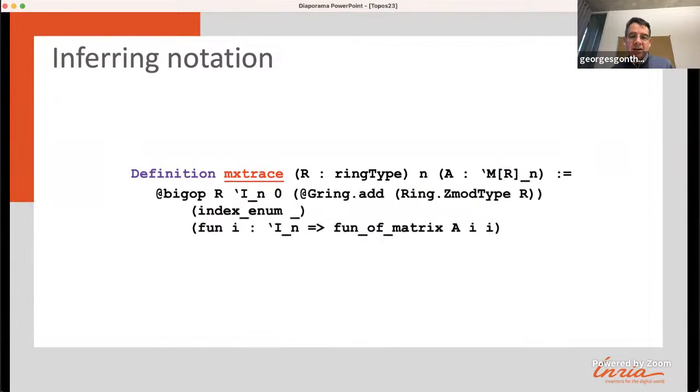So in this case, the plus really means that you're going to get the addition operation for the additive subgroup of that ring.